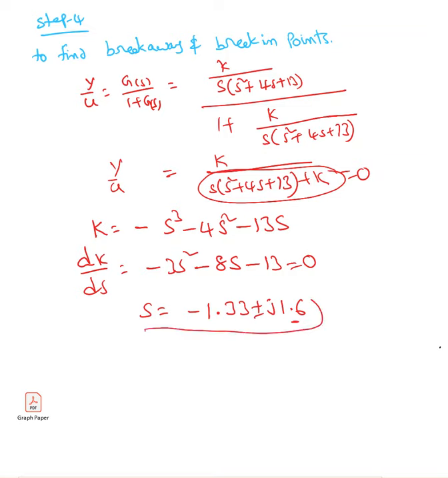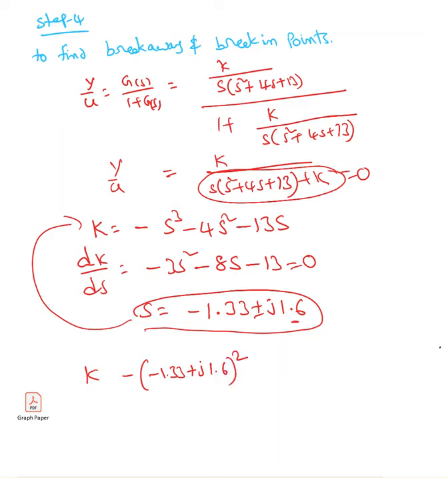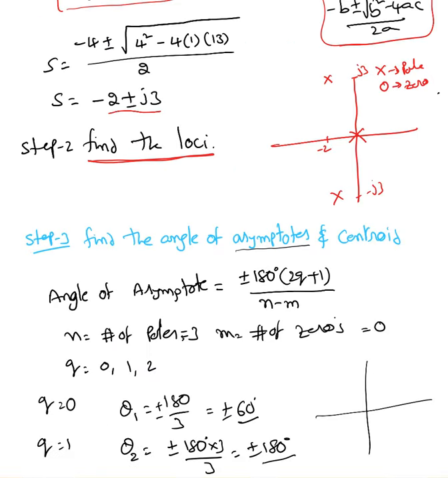Now substitute this s value into k. Now k equal to minus s cube minus 4s square minus 13s. Since there are two values, we're going to substitute one first and then check with the other one. So s equal to minus 1.33 plus j 1.6, whole cube, minus 4 times minus 1.33 plus j 1.6 whole square, minus 13 times minus 1.33 plus j 1.6.